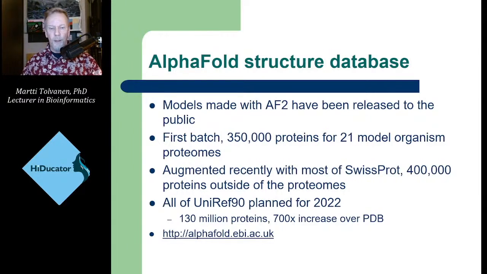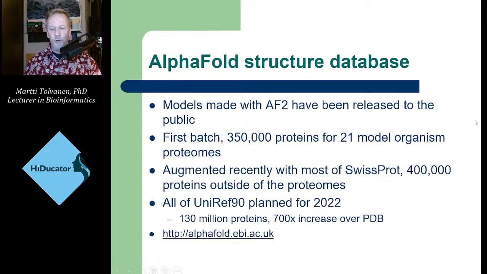And now we are coming to something we can use as learners and scientists, the AlphaFold structure database. In addition to AlphaFold 2 source code being freely available and the AlphaFold 2 servers being available for you to predict anything you want for non-commercial use, they have made a database with models from AlphaFold 2.